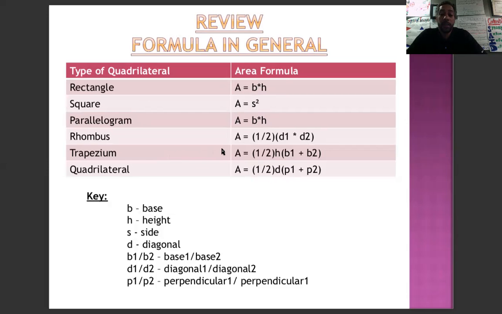For a trapezium, it will be 1/2 of the height times side 1 and side 2, the parallel sides. And for a quadrilateral, it would be 1/2 of a diagonal times the length of the perpendicular plus the length of the perpendicular.